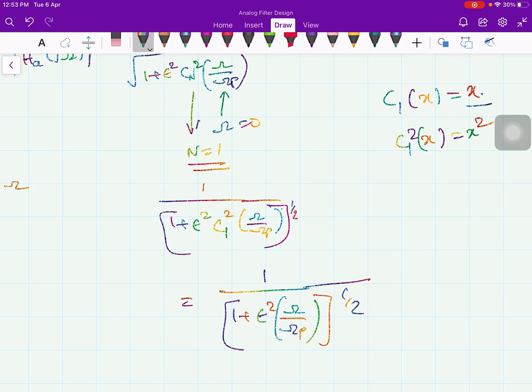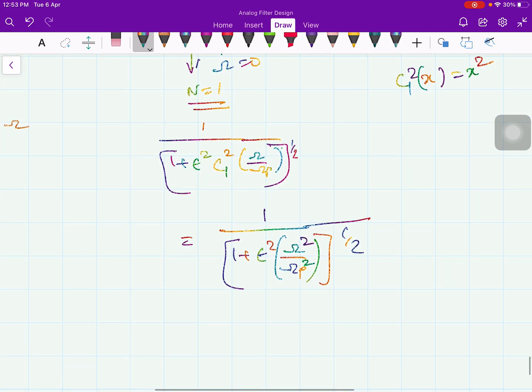Therefore, this is omega square by omega p squared. And then, now let us assume this 1 is very less compared to this omega by omega p.